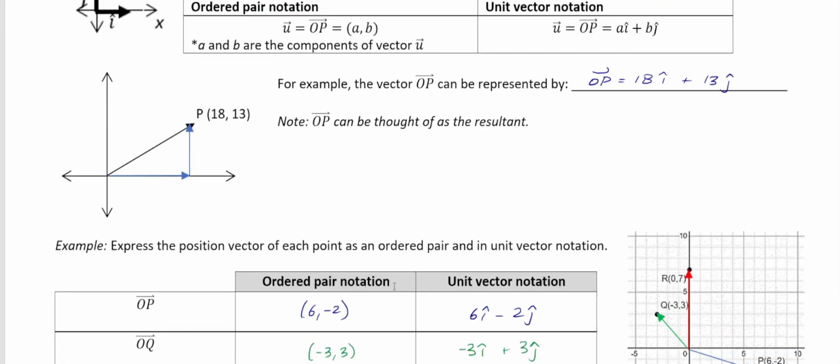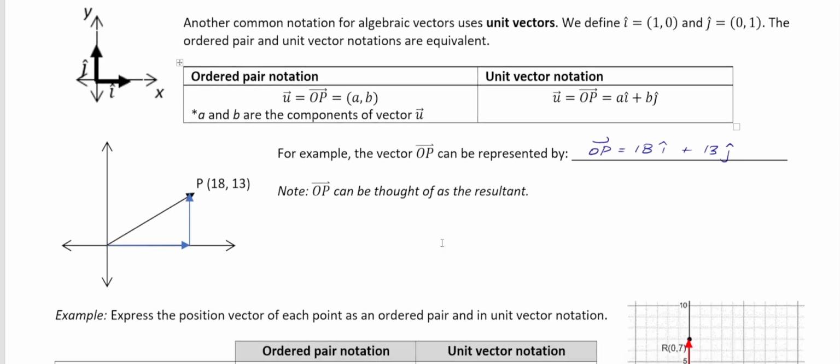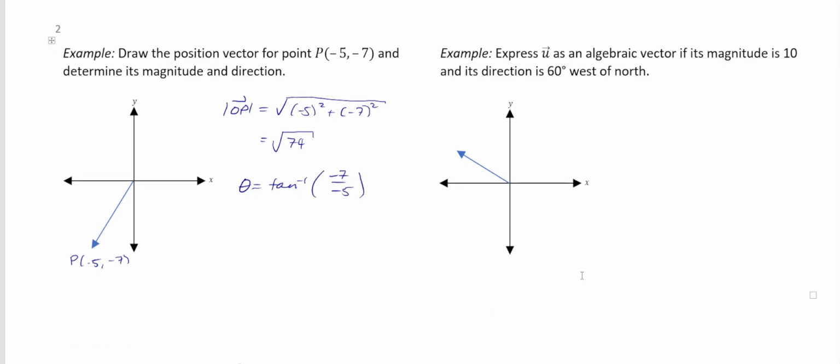Again, we're using this formula right here, the tan inverse of b over a, and in this case, my b is negative 7 and my a is negative 5. The only issue is when you do this, your calculator is going to give you theta is equal to 54 degrees.